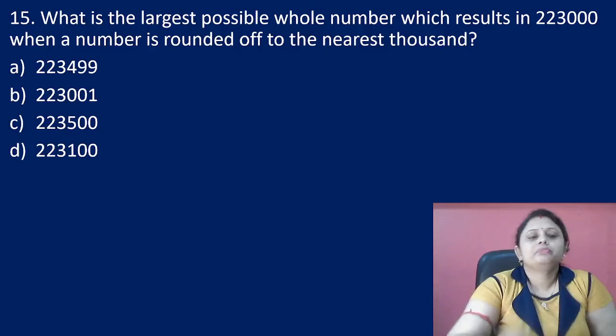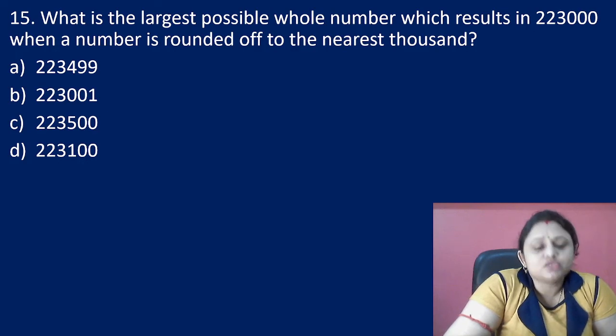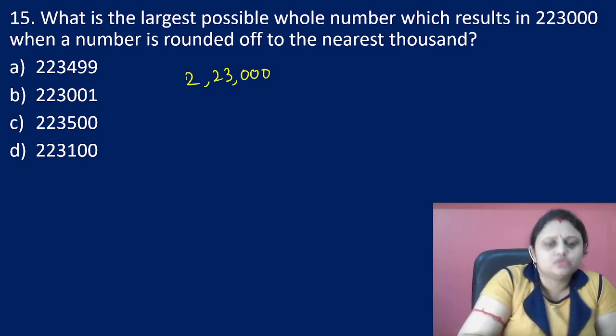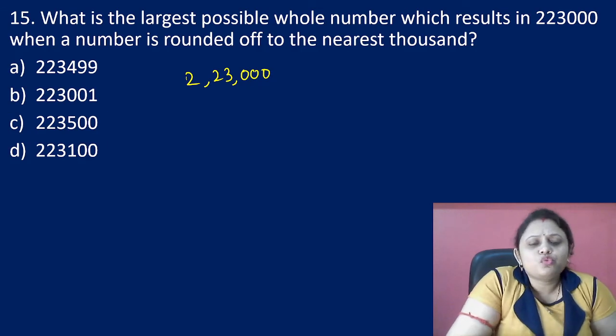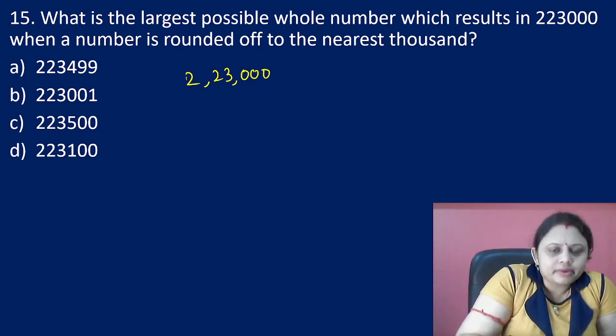The question is, what is the largest possible whole number which results in 2,23,000 when the number is rounded to the nearest thousand? What is the largest possible whole number which comes here?